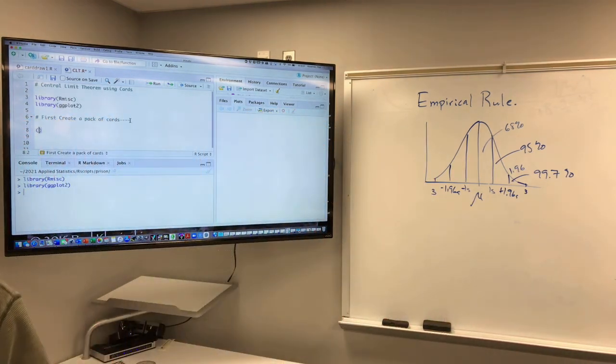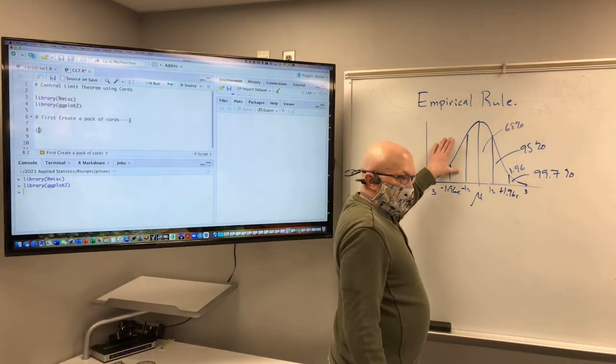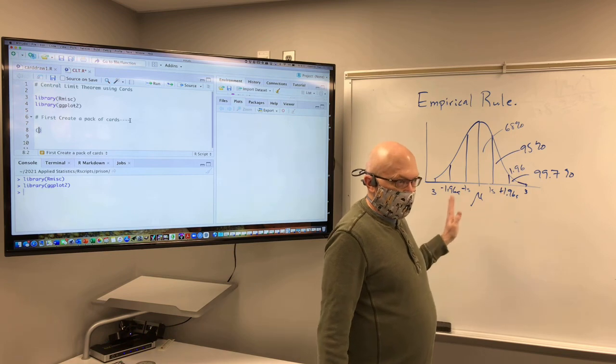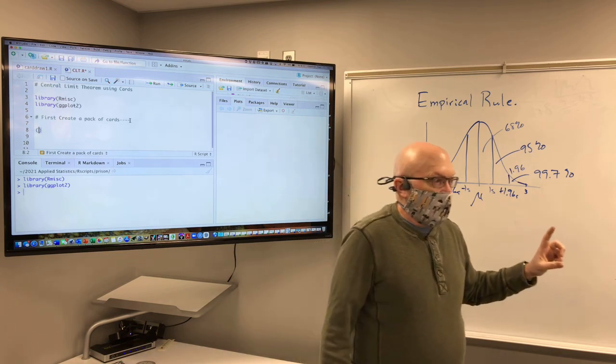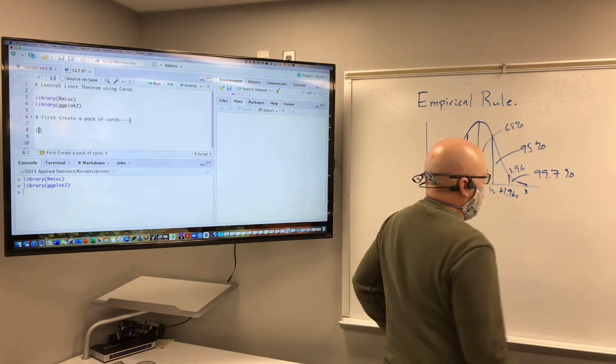This is just the shape of a normal curve. So the empirical rule tells us that if we have a normal distribution, we know certain characteristics about that normal distribution.